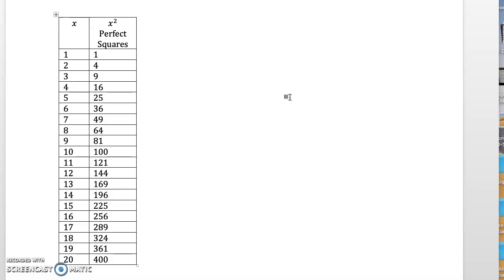But along the right-hand side, if we look, we find 64. 8 times 8 is 64. So 64 is called a perfect square. When you take the square root, you get 8. So the right-hand side are your perfect squares, and then the left-hand side is the square root of that number. So you'll get to keep that sheet all of the time.